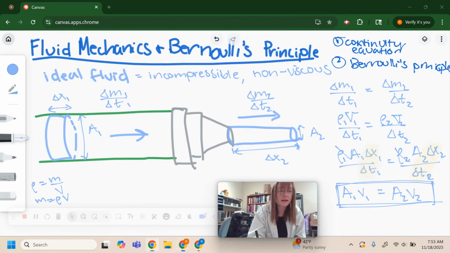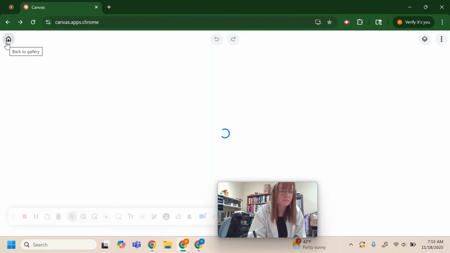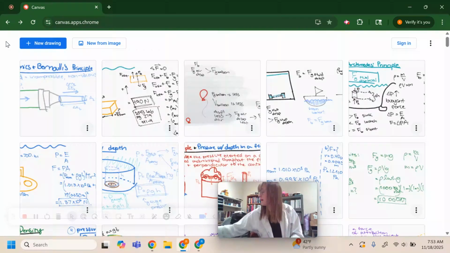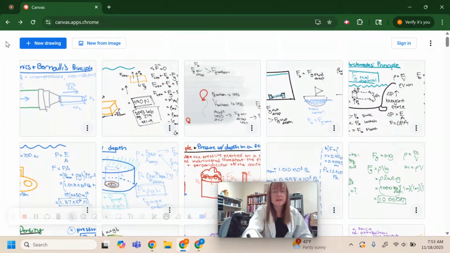Next, we're going to go ahead and get a little practice problem pulled up. You can go ahead and take out your textbook. This is on page 286, question number 1. Let's get a new drawing going here.